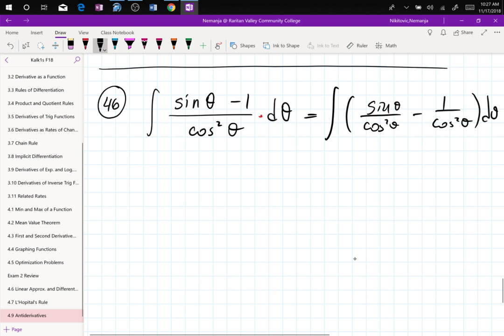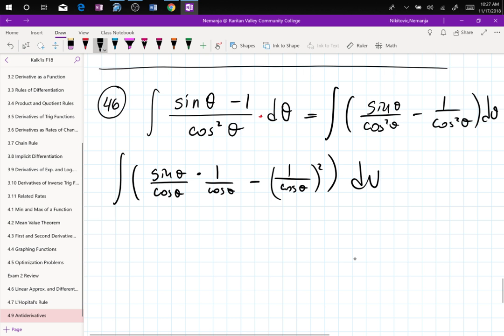When I work this out, I have sine theta times 1. This one gets its own cosine and the other one gets its own cosine, minus 1 over cosine squared, well, I can do that, 1 over cosine theta, everything squared, d theta.